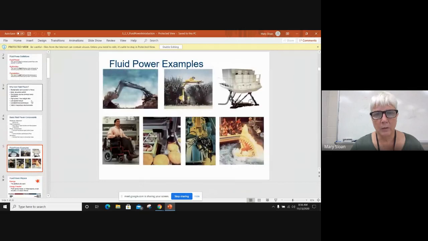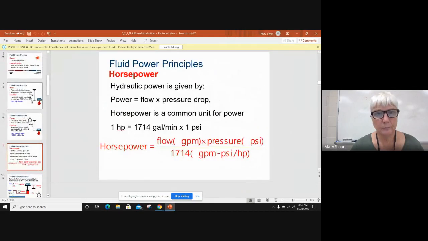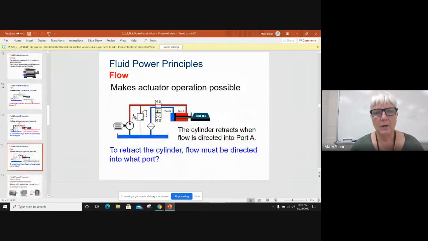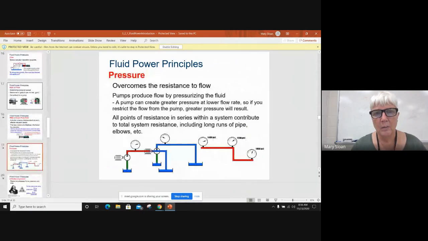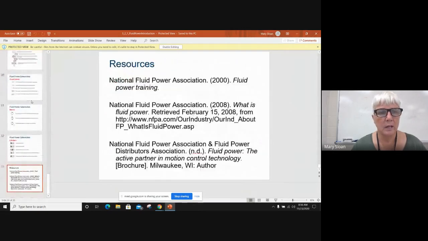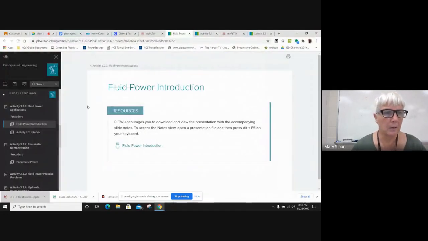I'm going to be going through this today with the people that are here. We're going to talk about some of the math a little bit in class today, but make sure that you look this over so that you'll understand the schematics of fluid power.